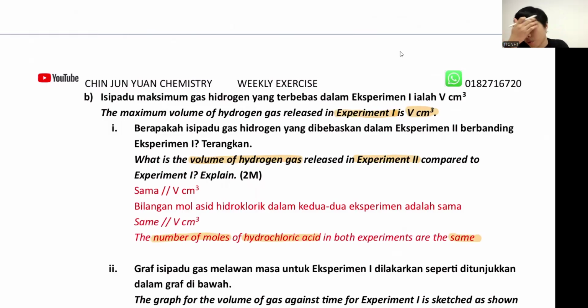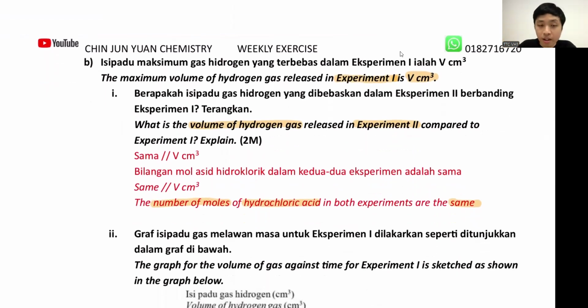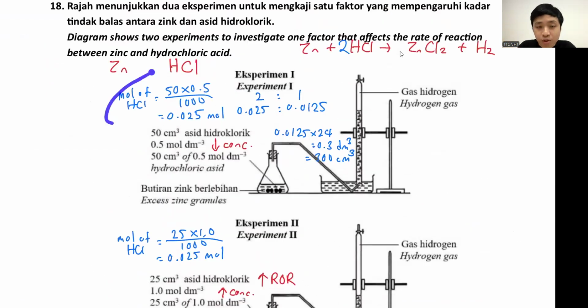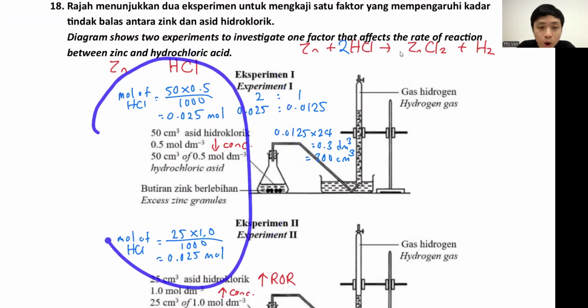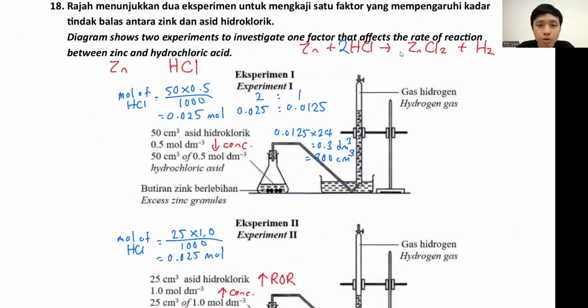That will cause the volume of H2 to be the same. I'm just doing the same thing: find the number of moles of acid, do the mole ratio, and then get the volume of H2 by multiplying the number of moles and the molar volume.